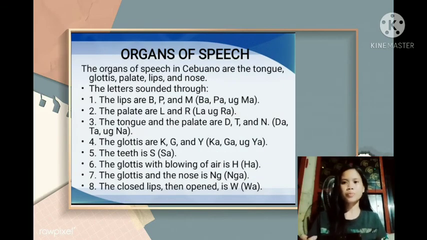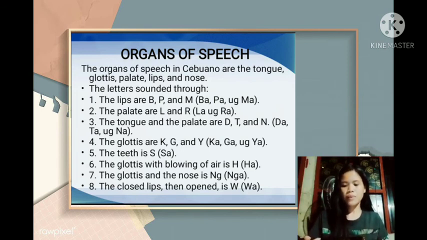The organs of speech. The organs of speech in Cebuano are the tongue, glottis, palate, lips, and nose. The letters sounded through the lips are B, P, M: Ba, Pa, and Ma. The palates are L and R: La and Ra.